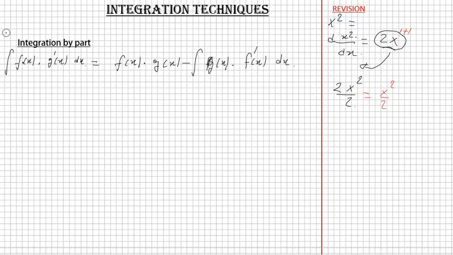To make it simple, we can call f of x u, and g of x v. It means if we have the product of the function u and the derivative of the function v, that simply gives u multiplied by v minus the integration of v multiplied by the derivative of u.